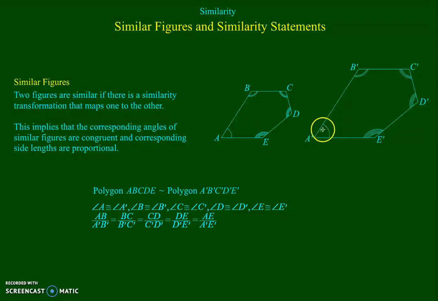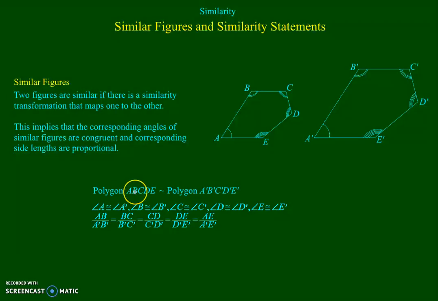And how do we determine that? The similarity statement gives us the order of correspondence. So vertex A corresponds to vertex A prime, B to B prime, C to C prime, and so on. So the position of the vertex in the similarity statement tells you the corresponding vertex in the other figure.